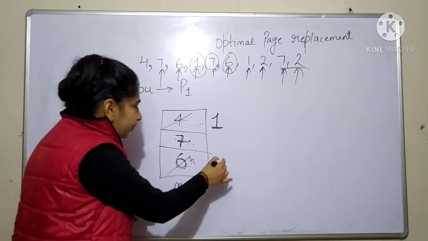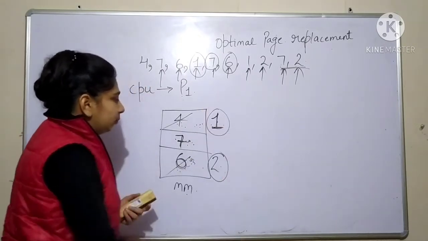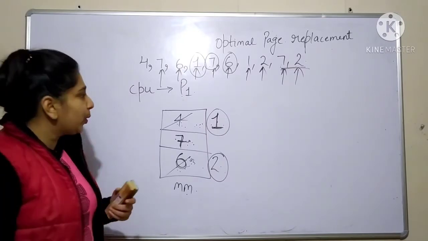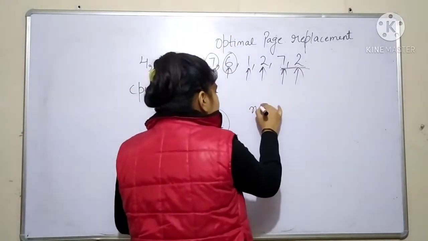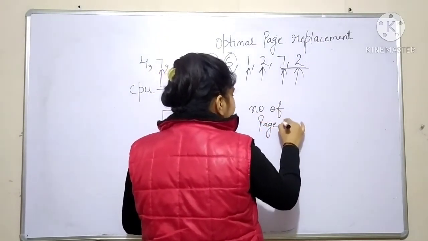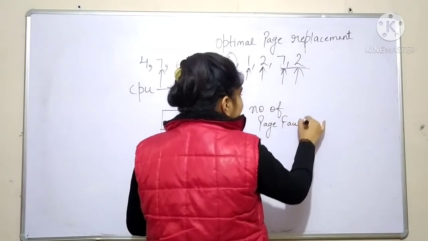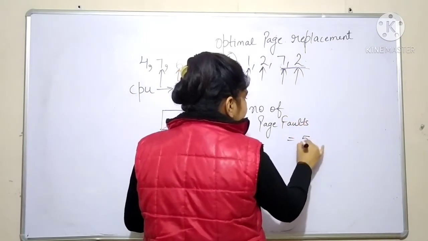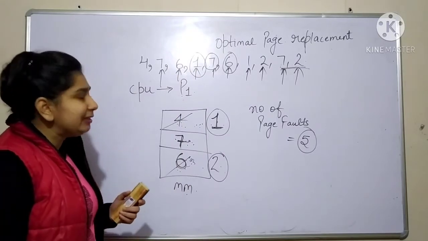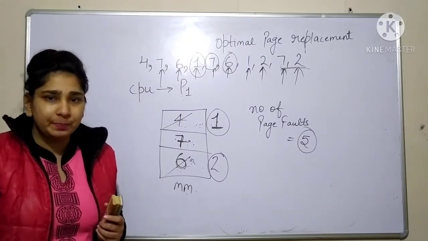It is already present in the main memory. Okay. So, how many page faults do we have in total? Total number of page faults in optimal page replacement algorithm is actually 5.